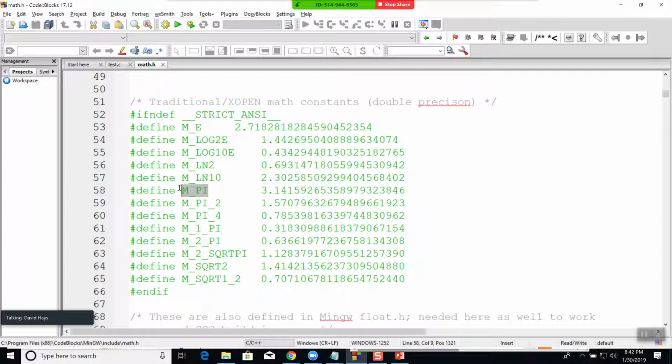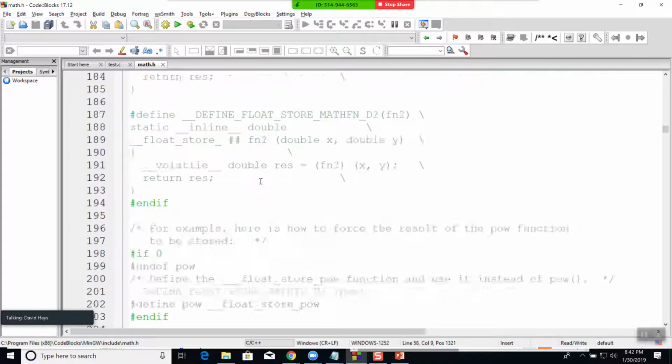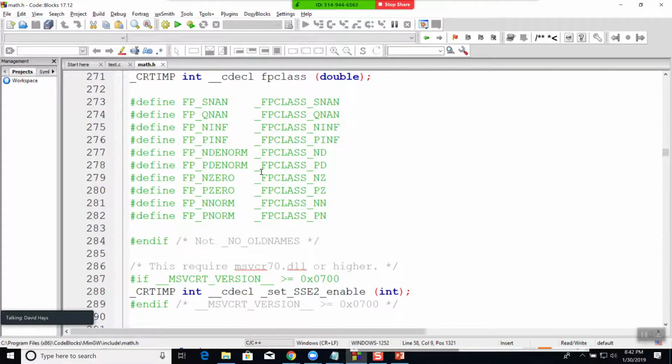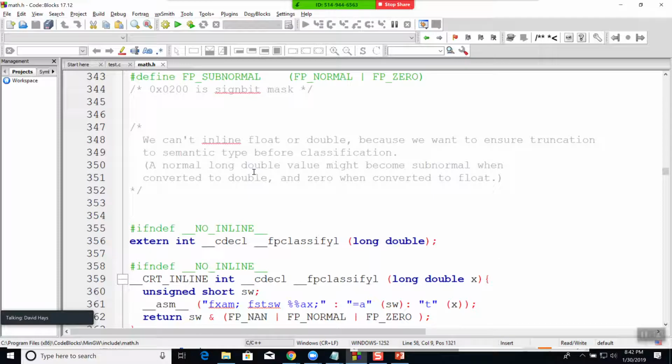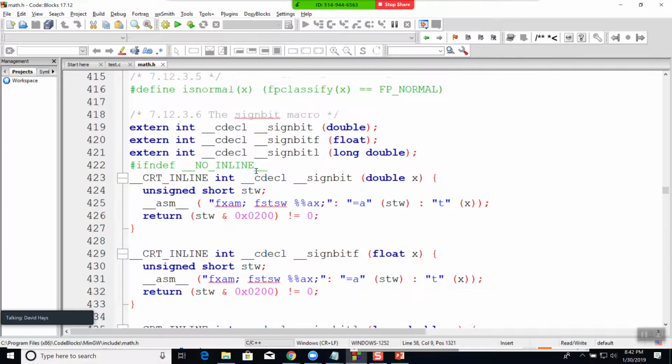So these are things you can access within your program. If you scroll down, for the most part in here there's constants, of course, but there's mainly just definitions. Not necessarily code, but it's defining.